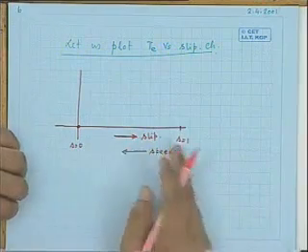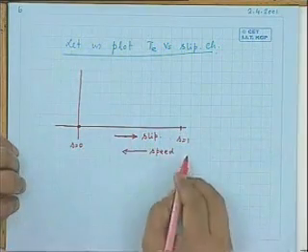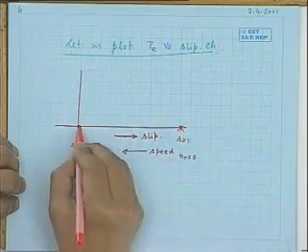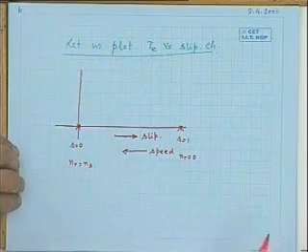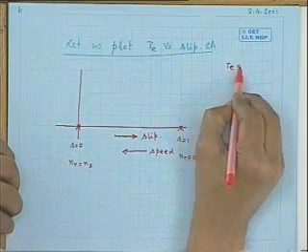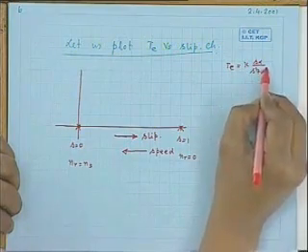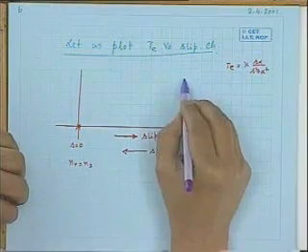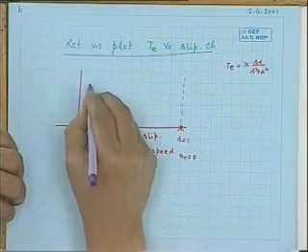Plotting torque versus slip means you are also plotting torque versus speed, only the speed is changing in this direction. What is the speed value here? nr equal to 0, this point. And what is the speed value here? nr equal to ns. So either of these will do. And what is the expression for T? This curve we want to plot. For a given machine, a typical curve will look like this.